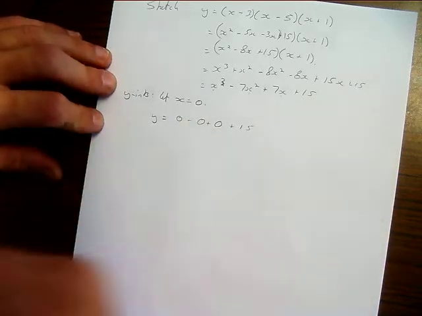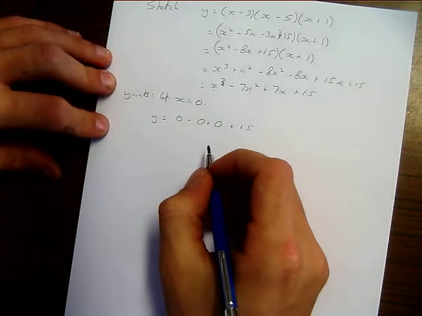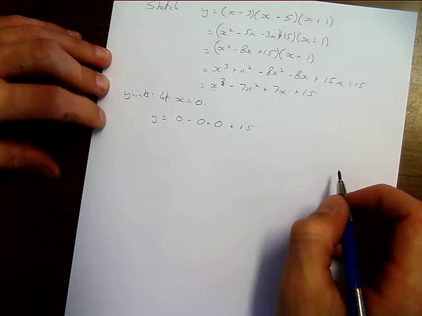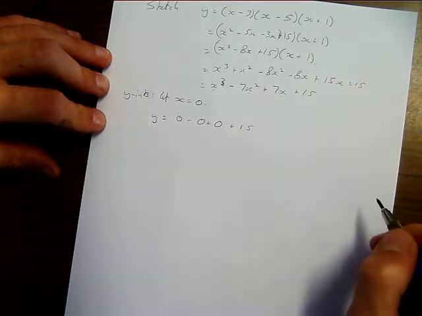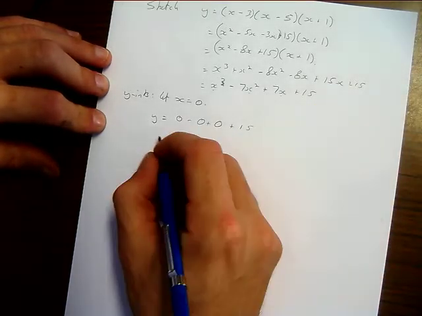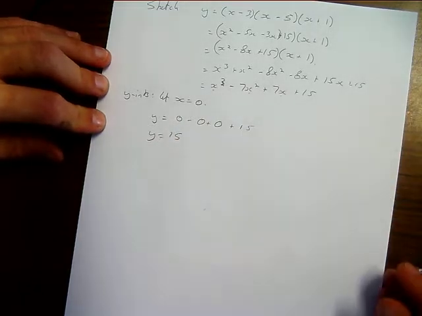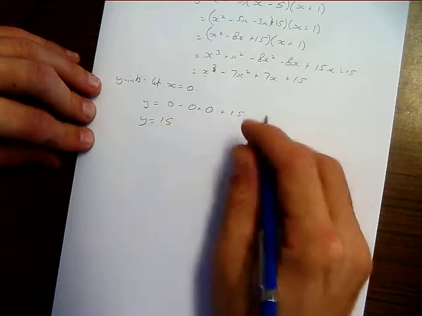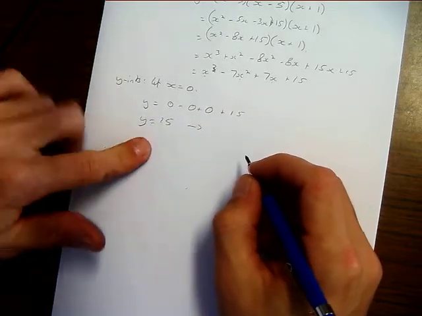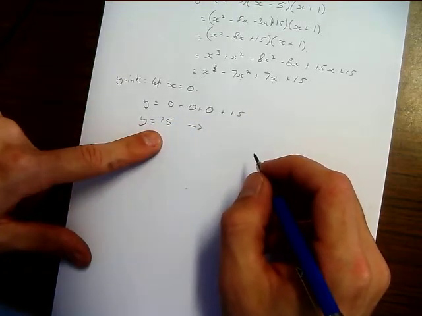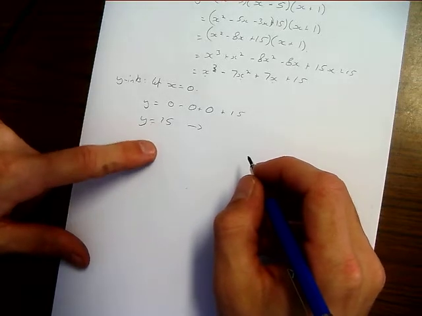Don't we need the y dash? Oh, yeah, we do. Okay, so y equals 15, we'll come back to that. What's our y-intercept? We have to write the whole coordinate.